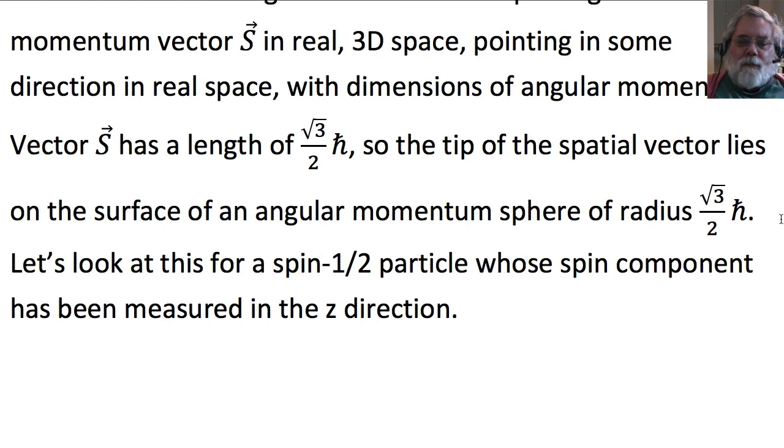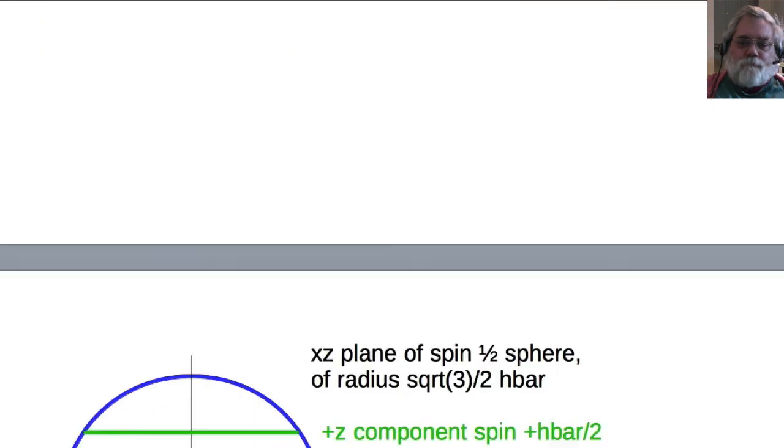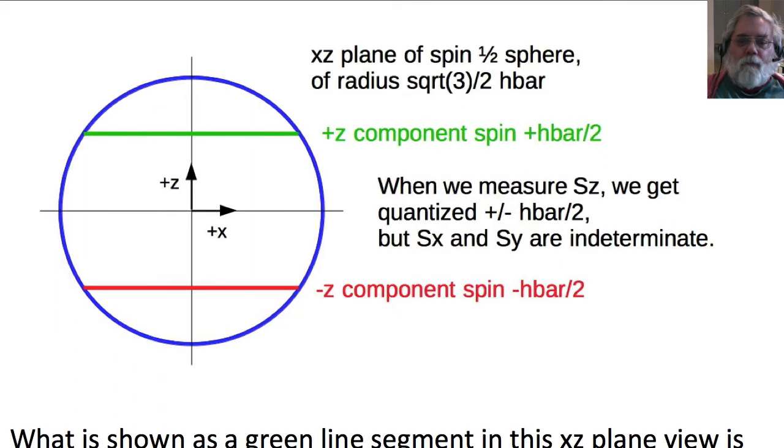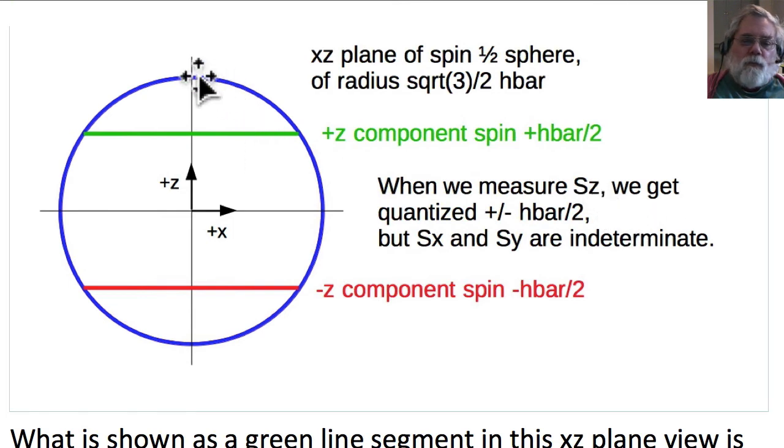So let's look at this for a spin 1/2 particle whose spin component has been measured in the z direction. This blue is the spin 1/2 sphere, but we're only looking at the xz plane, so it looks like a circle in this plane. It has radius square root of 3 over 2 h bar.